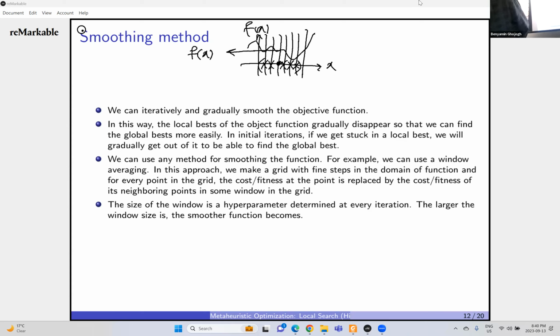Do you agree? Also, I have a bunch of f of y's where y's are in the neighborhood of x. A bunch of them, right? Do you follow what I'm saying? So I have a bunch of neighbors. Therefore, I have a bunch of cost values for them. Take the average, replace f of x with the average of f of y's.